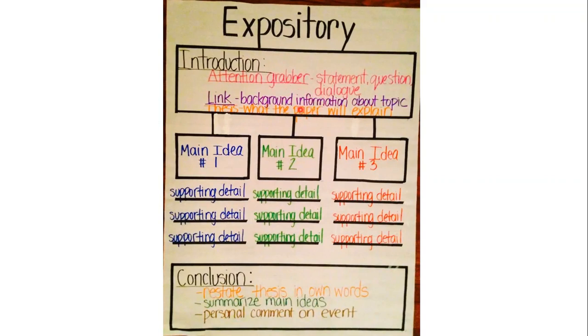Then I write some general information, which I call background information about my topic. Then this is a thesis statement, which tells the reader directly what this essay is going to talk about. Then in the body, I have, let's say, one paragraph, second paragraph, third paragraph.